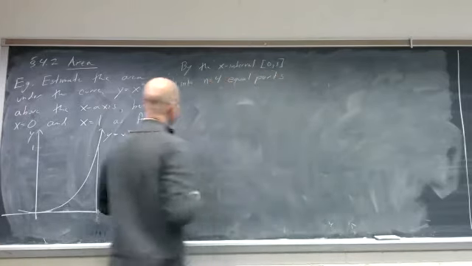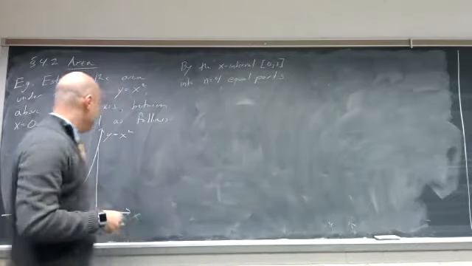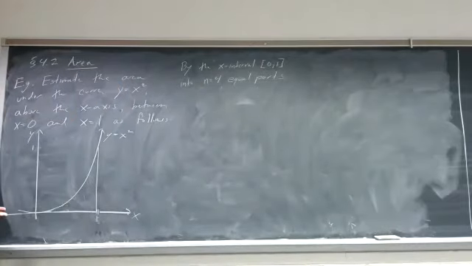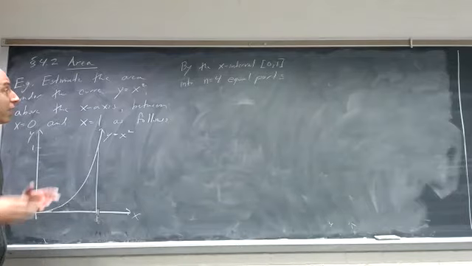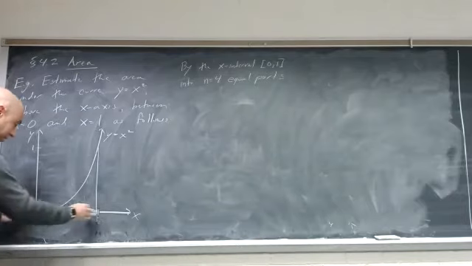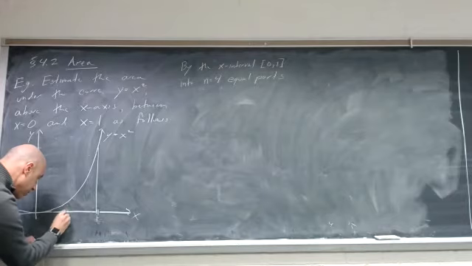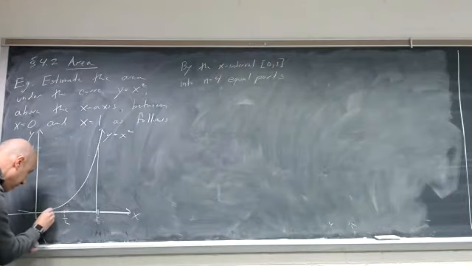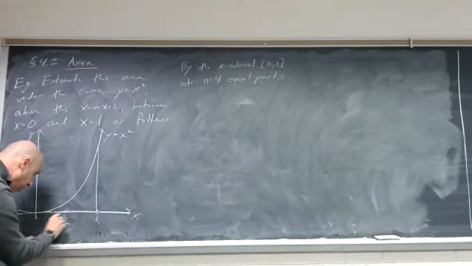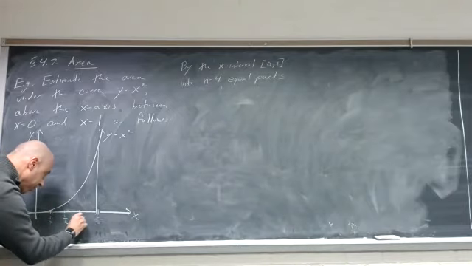When it comes to these kinds of problems, I'm always going to use n to refer to the number of parts I want to break my interval into. So let me go ahead and break this interval 0, 1 into 4 equal parts. If I break 0, 1 into 2 equal parts, I have to cut it at 1/2. And if I break each of those into 2 equal parts, this is at 1/4, and this is at 3/4.